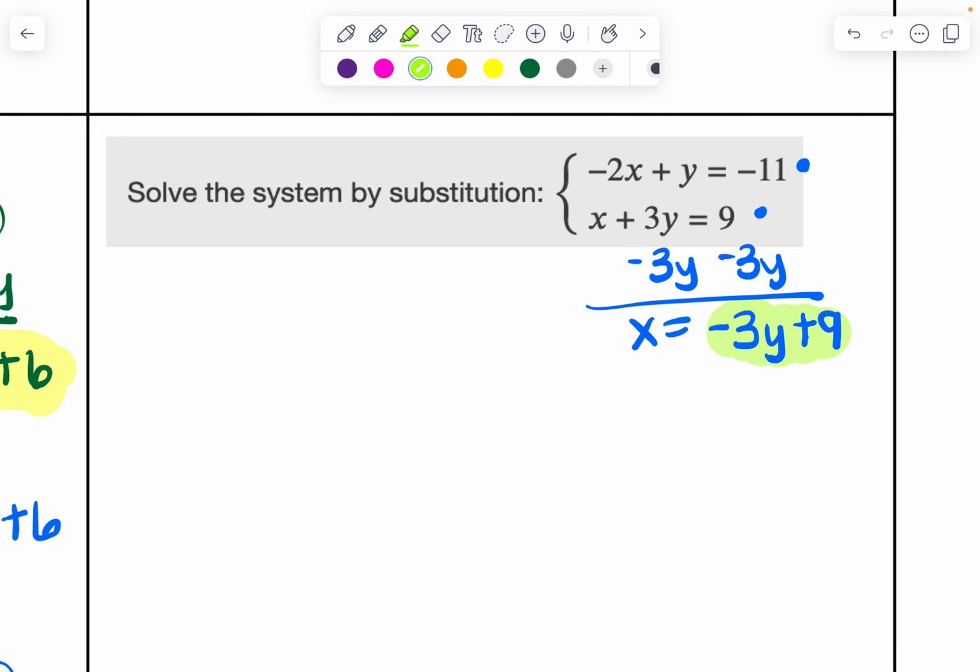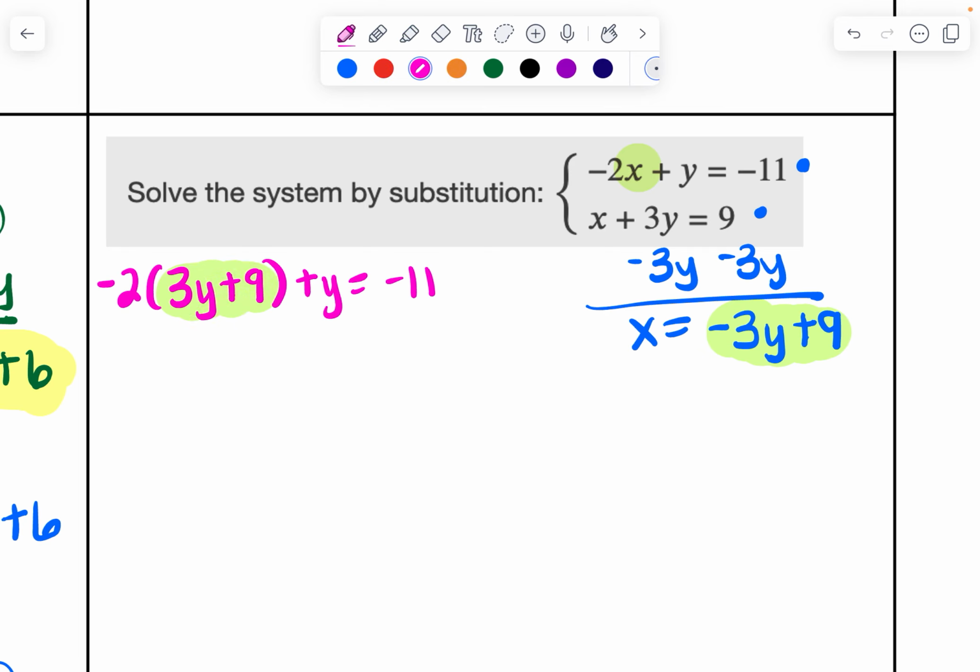Step 2, I'm going to take this and plug it in for x into my first equation. So negative 2 times 3y plus 9 plus y is negative 11. Again, the 3y plus 9 came from my blue step there.